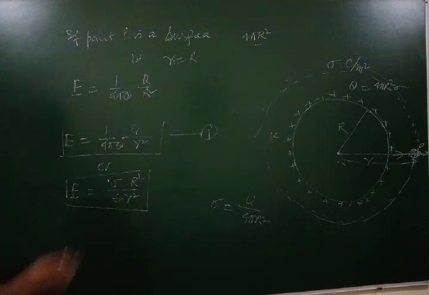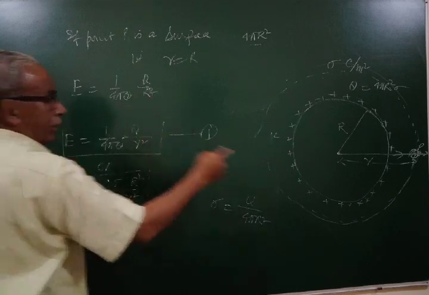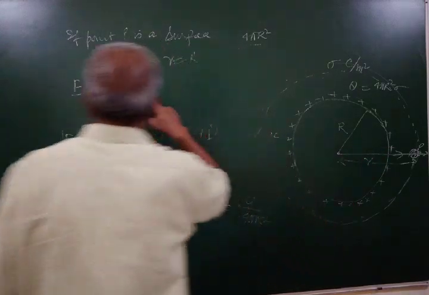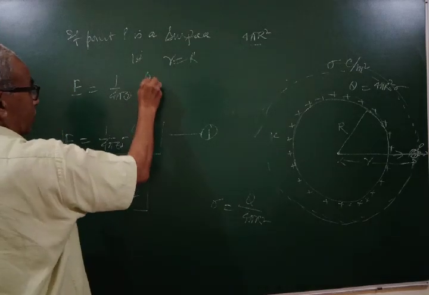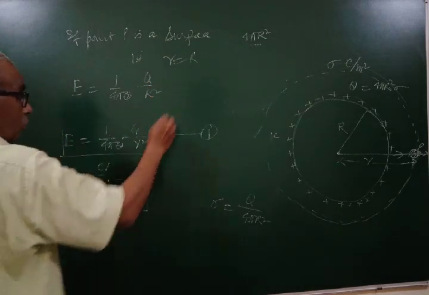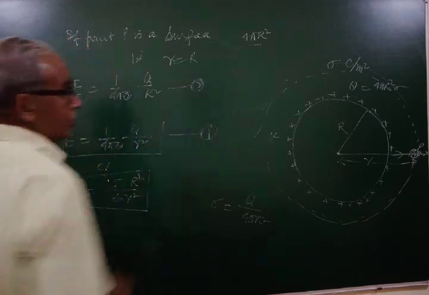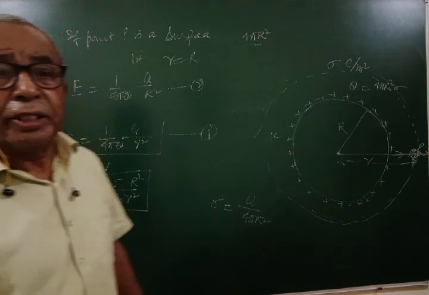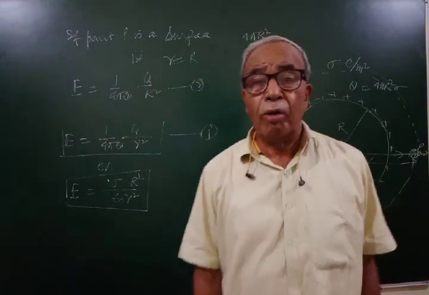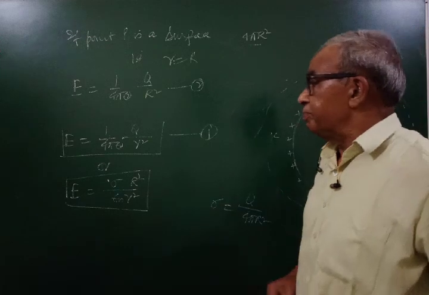Again the whole charge appears at the center. So for a point outside the shell or on the surface, the electric field appears as if it is the field of a point charge placed at the center.